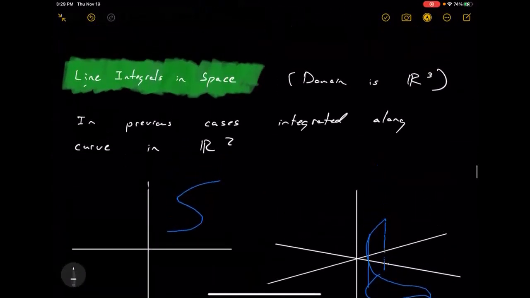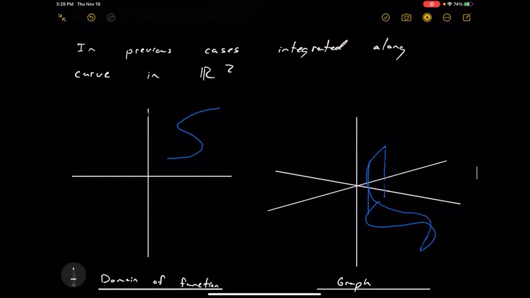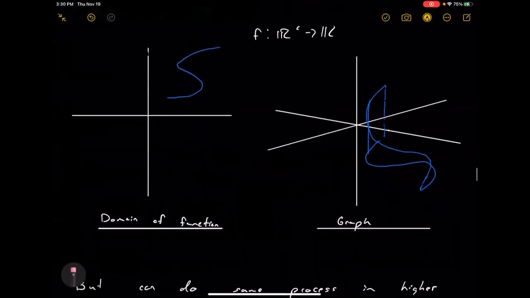Now, what were we doing? We were integrating. We had a function f from R2 to R, and we were integrating this. That should give us a surface. We were integrating that along a curve in R2. So think about this. We're integrating along this curve. What we just did was we integrated along a curve in R2.